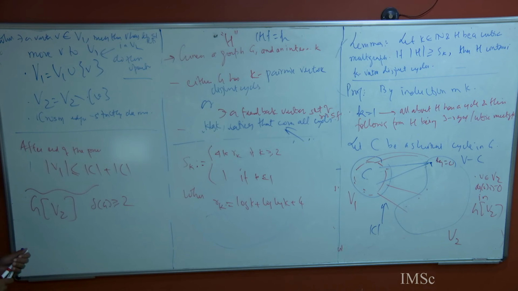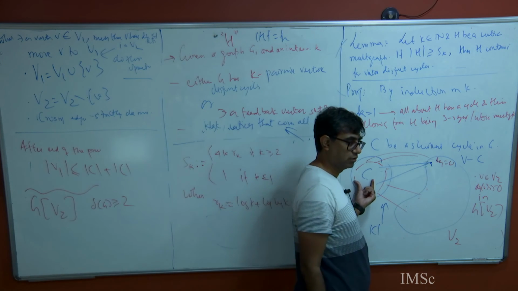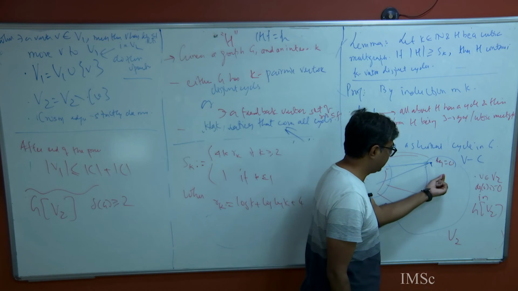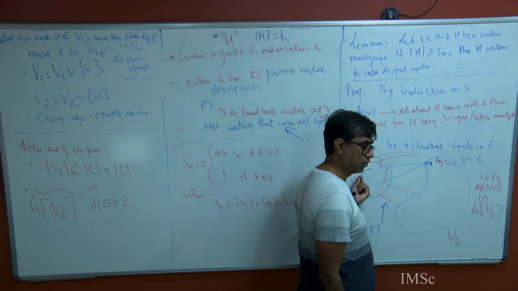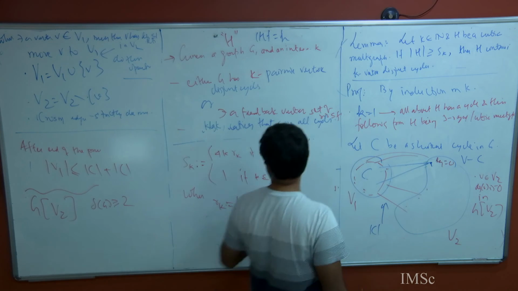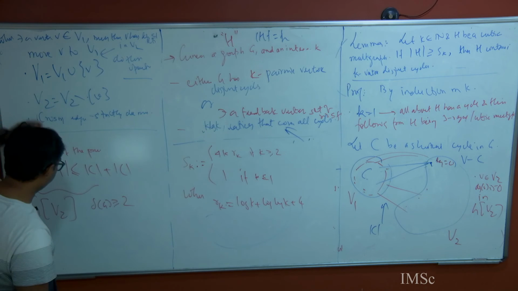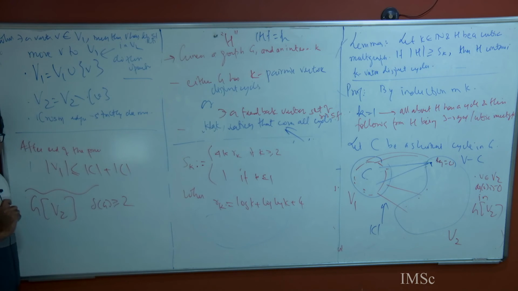Can you repeat how the size of V1 is less than or equal to |C| plus |C|? I started with the size of V1 equal to |C|. I did one operation and the size increased by 1, since every time I move only one vertex. At the end, how many times have you applied this operation?